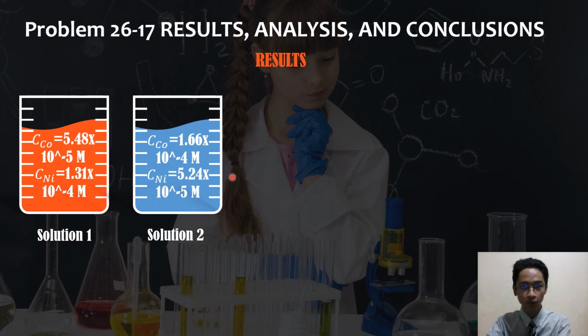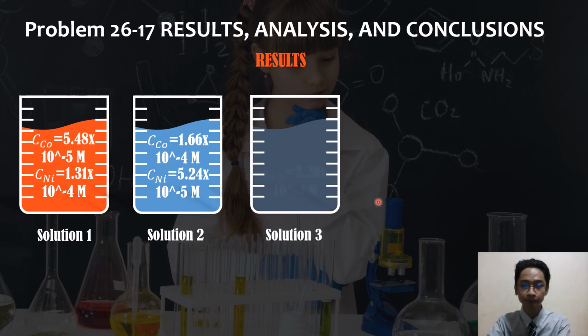Concentration of nickel is equal to 5.24 times 10 to the negative 5. Solution 3, we got concentration of cobalt is equal to 2.2 times 10 to the negative 4, and concentration of nickel is equal to 4.45 times 10 to the negative 5.